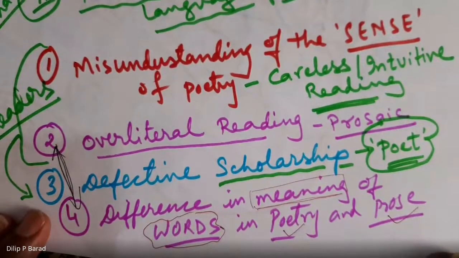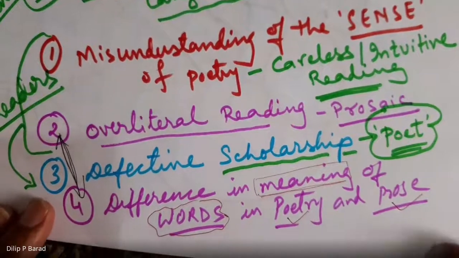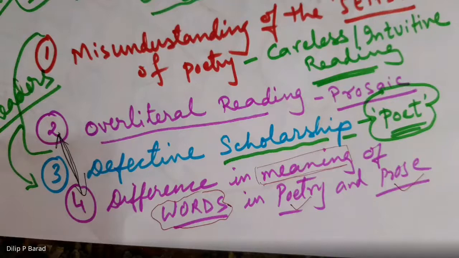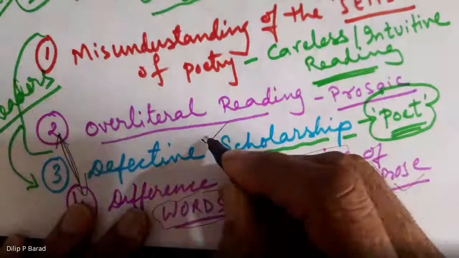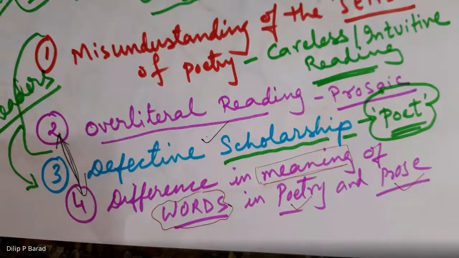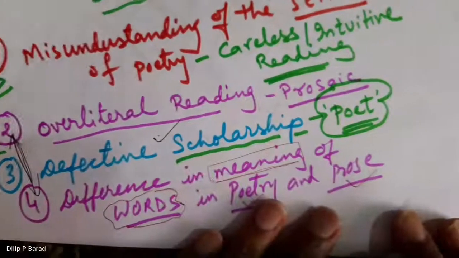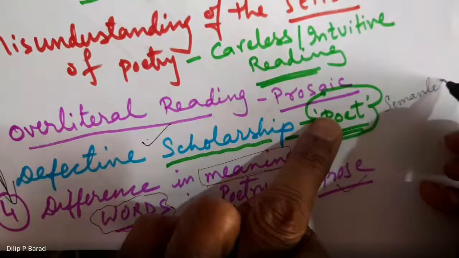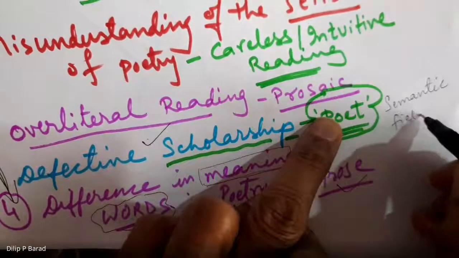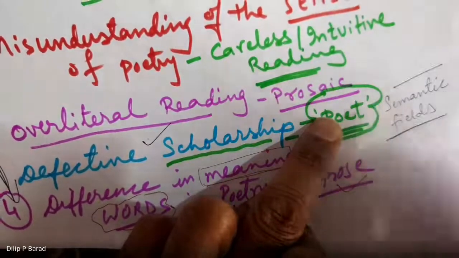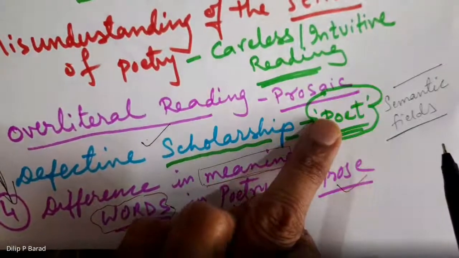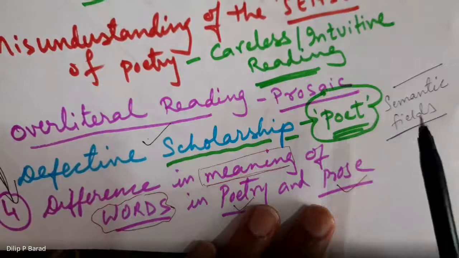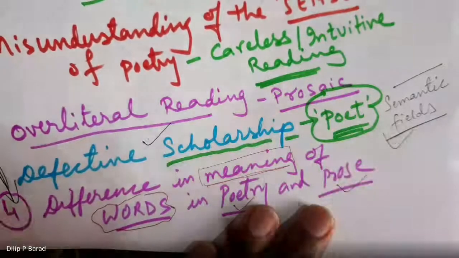Prosaic, over literal reading. And the third one is defective scholarship. It can also be on the side of poets: if they do not understand metaphors properly, if they do not have an idea about semantic fields, then they may get confused and mix the metaphors, and that may confuse the reader.